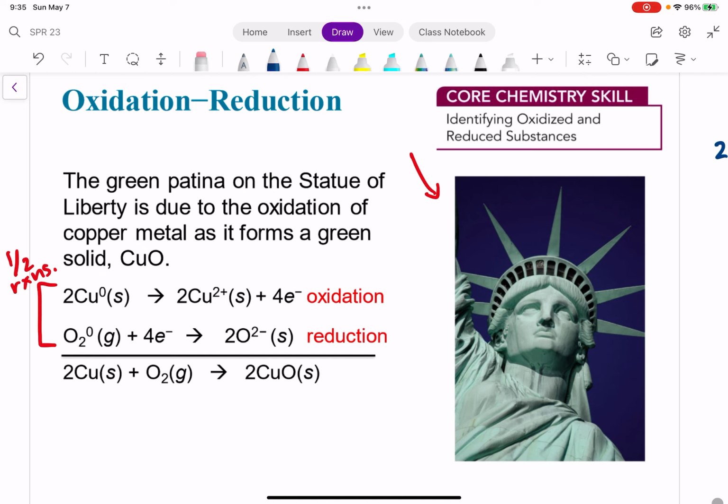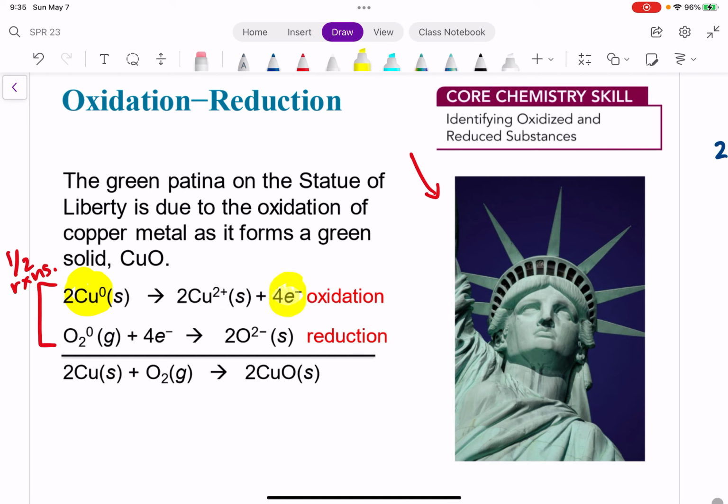For the first half reaction, we have copper with no charge, right? Just copper in its regular elemental state, just copper atoms, and we have 2 of those copper atoms. After the reaction, it's been oxidized. What does that mean? Well, remember, oxidation is loss, so that's loss of electrons.